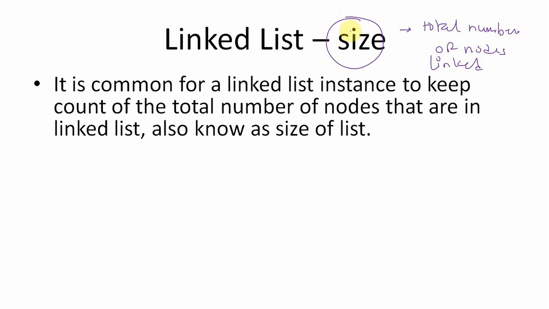Now, another thing associated with a linked list is size, which denotes the total number of nodes in a linked list. It is common for a linked list instance to keep a count of the total number of nodes in the linked list, which is also known as the size of the linked list.